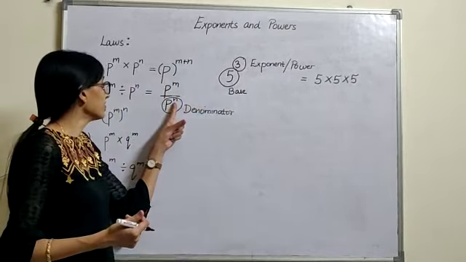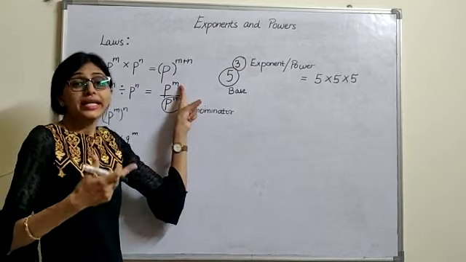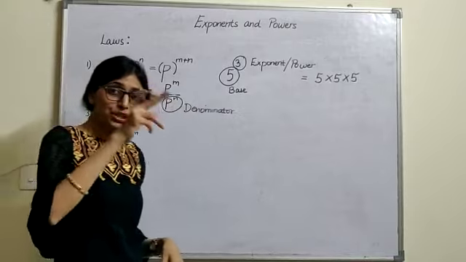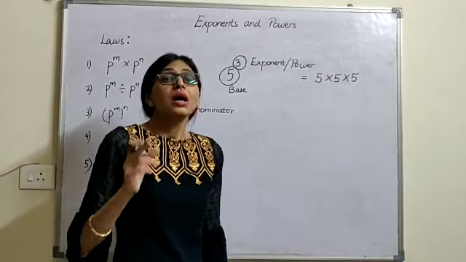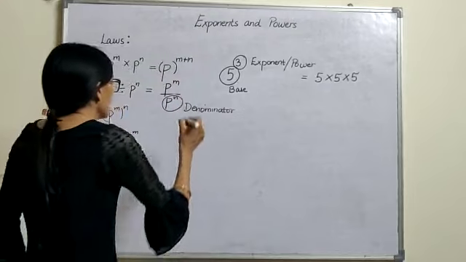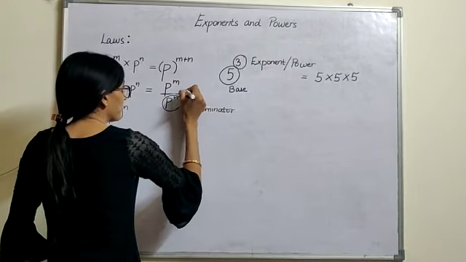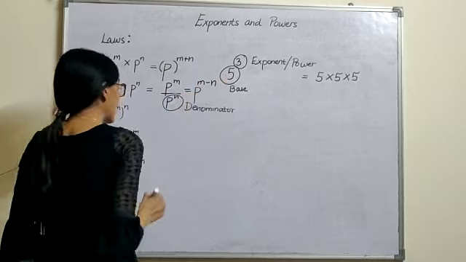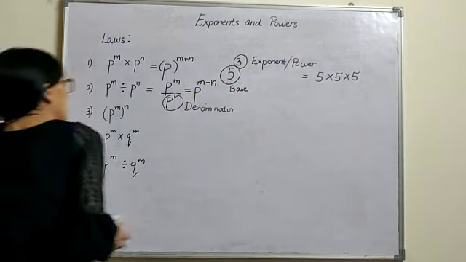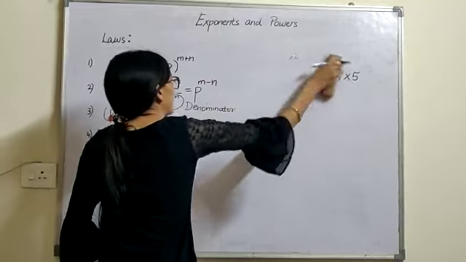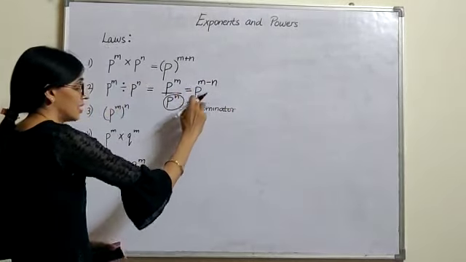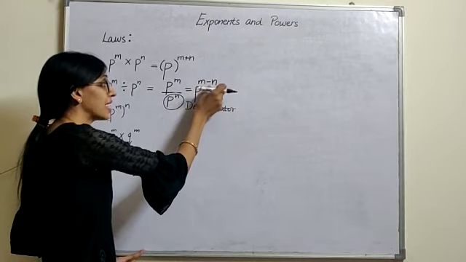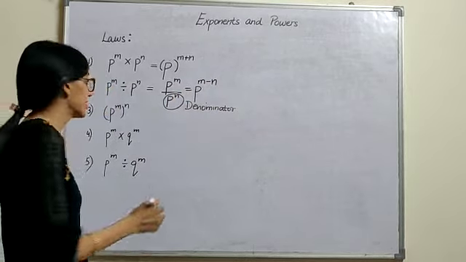Here it is positive, so the sign will change to negative. If here it is negative power, then while going to the numerator, it changes into a positive power. Okay, so it will become p raised to power m minus n. The power goes from denominator to numerator, the sign of the power changes.